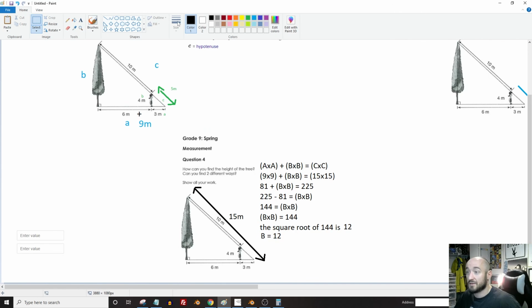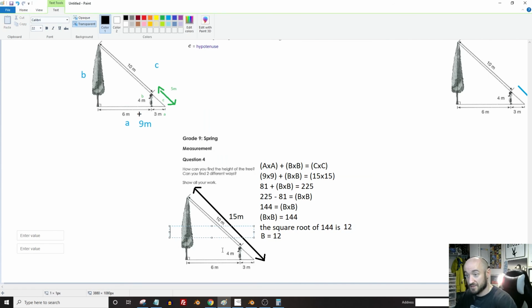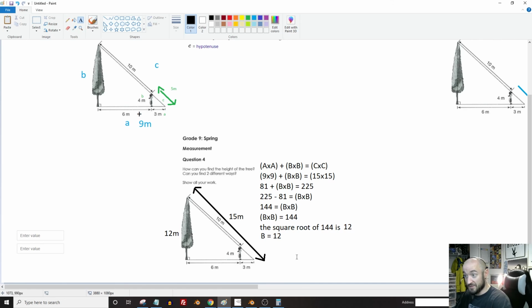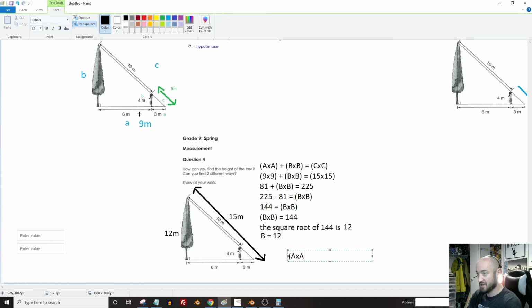Cool. So that's 12 meters over here. And now we can double check our work. Do it this way: a times a plus b times b is equal to c times c.